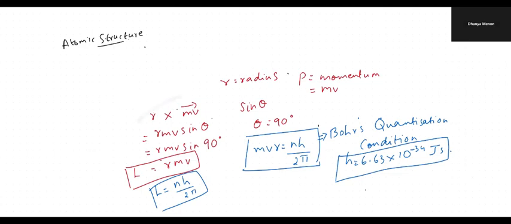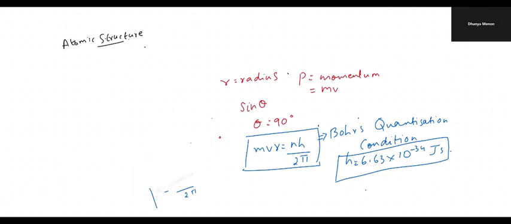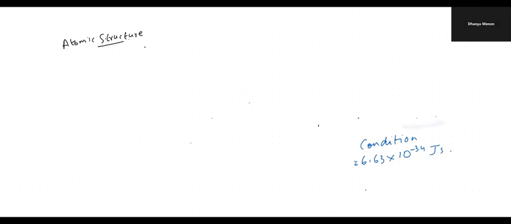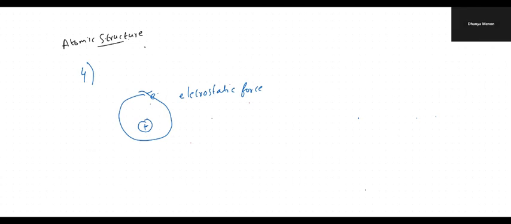Okay, so Rutherford had already explained that when the electron revolves around the nucleus, the circular motion is involved. The next postulate is about the revolving of electrons around the nucleus. Okay, now this electron is moving around the nucleus in a circular path.